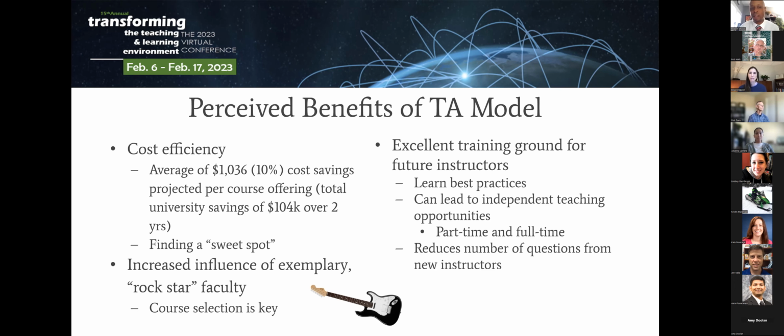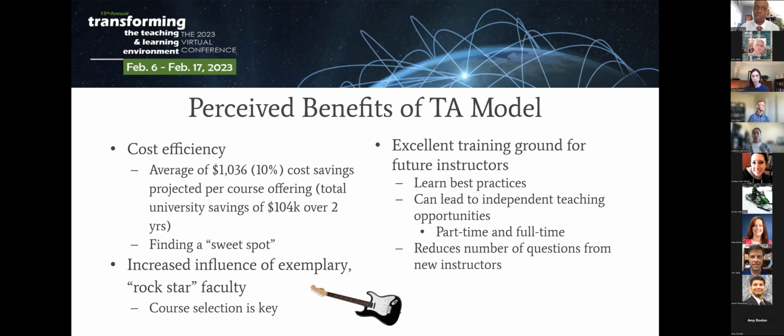And we did find some modest cost savings through the use of this model. On average, per course, we saved about $1,036, and that would be about a 10% savings. And so overall, we saved the university about $104,000 over a 2-year period.